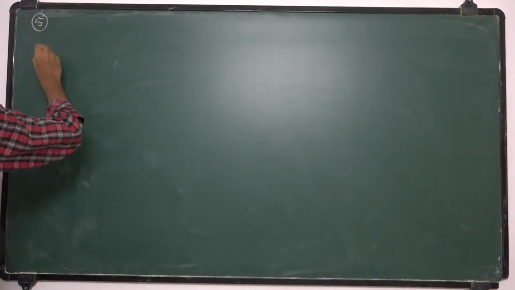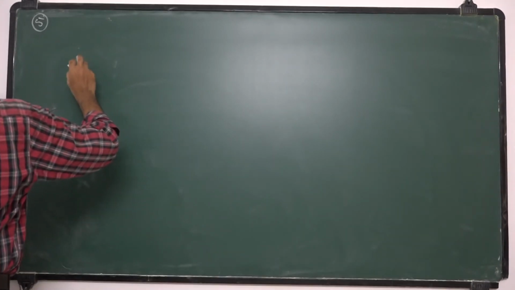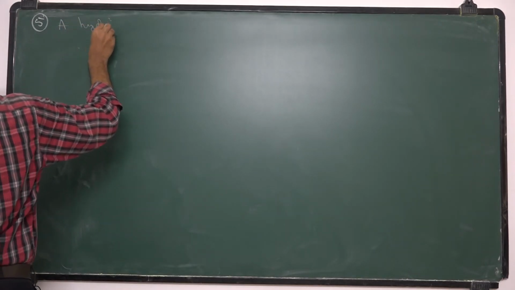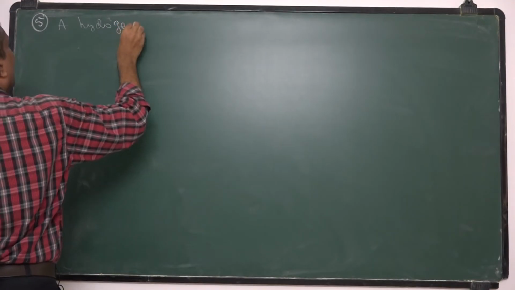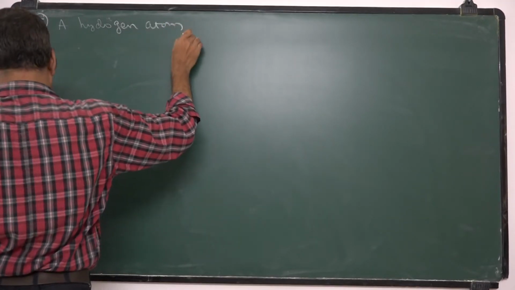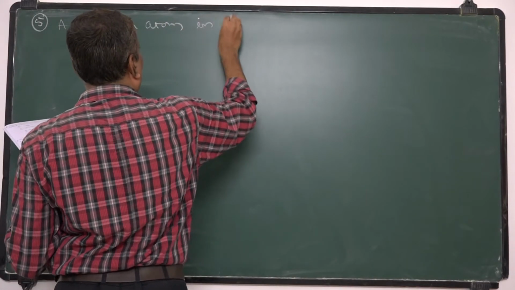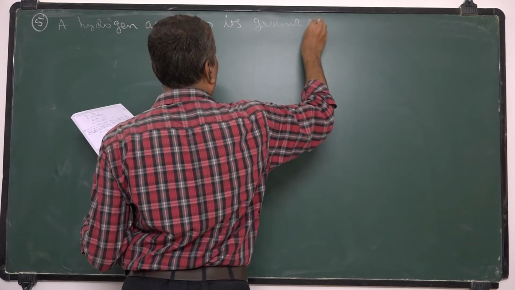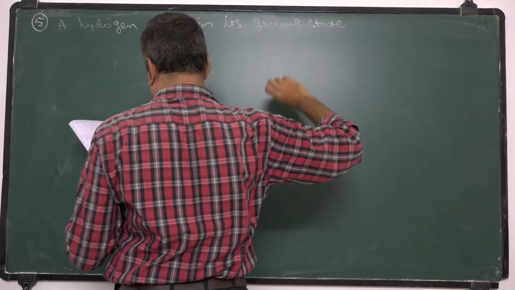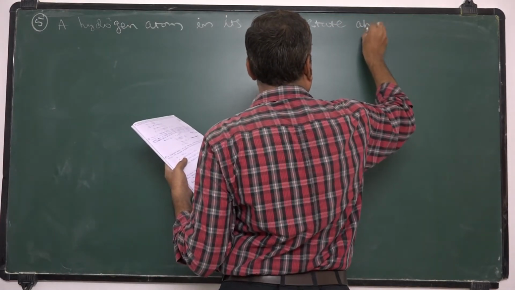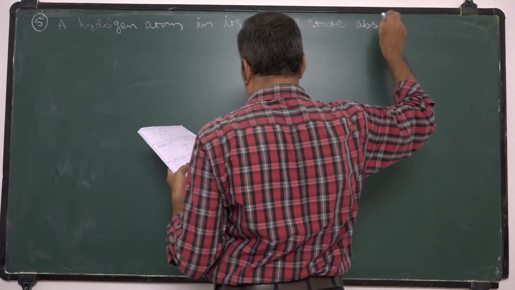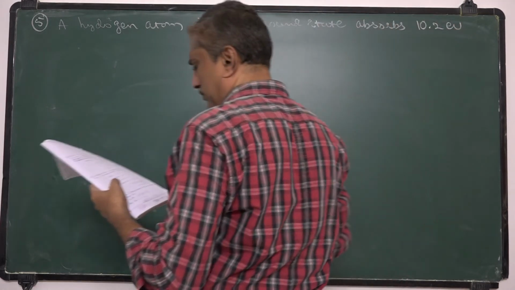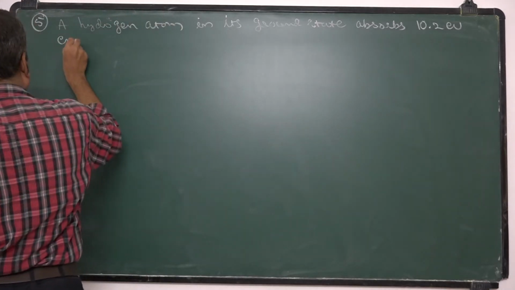Fifth one, a hydrogen atom in its ground state absorbs 10.2 electron volt energy.